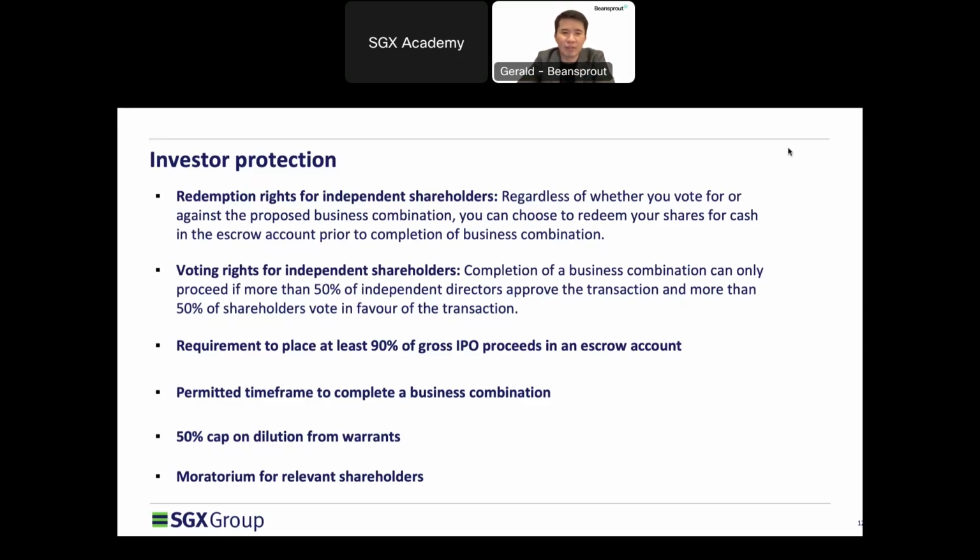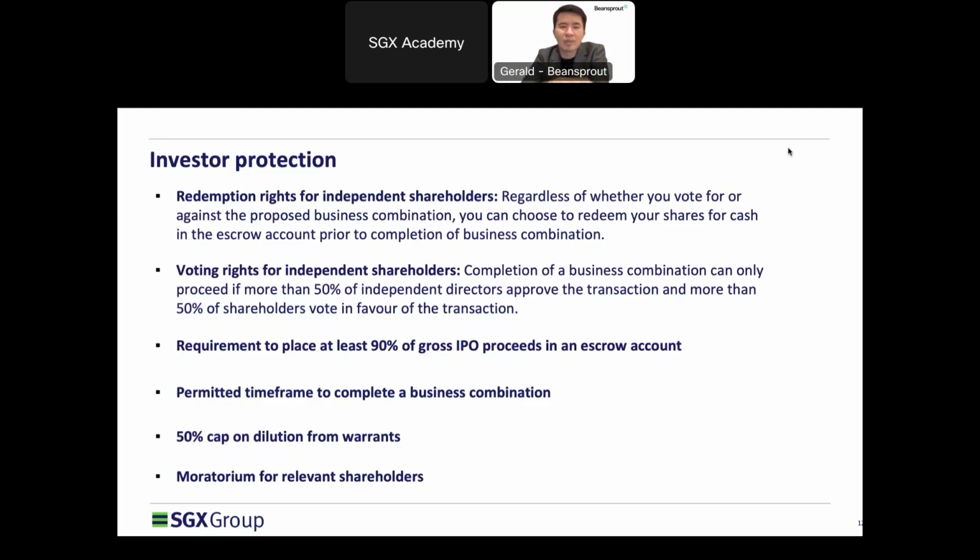If you have less than 50% of shareholders voting in favor of the transaction, then the business combination will not take place and the sponsors will have to go back to finding another target. These two investor protection mechanisms are very important, and they are built into SPACs to protect investors.